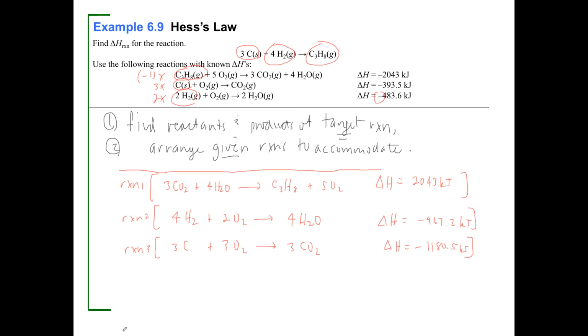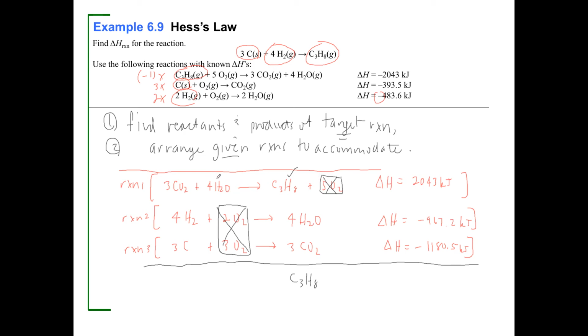Okay, now let's go back to black and see if we got everything we need to make the sum reaction. I got my propane here, C3H8. I've taken care of that. My oxygen, there's 5 oxygens here, and look at that, 5 here. And they cross off, you see that?